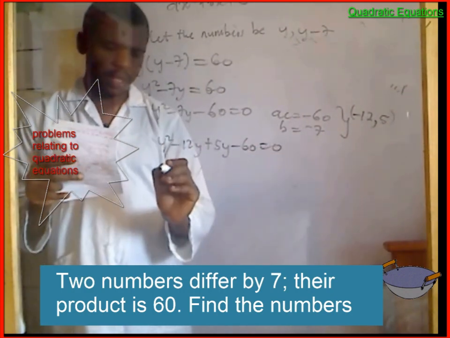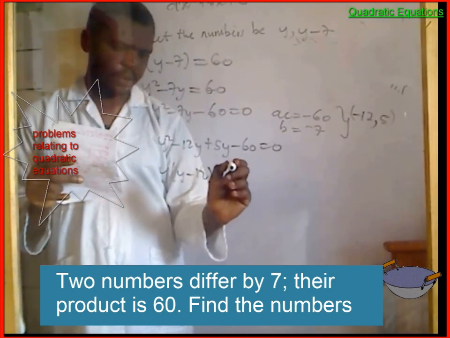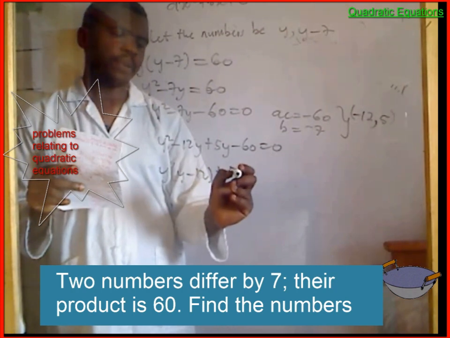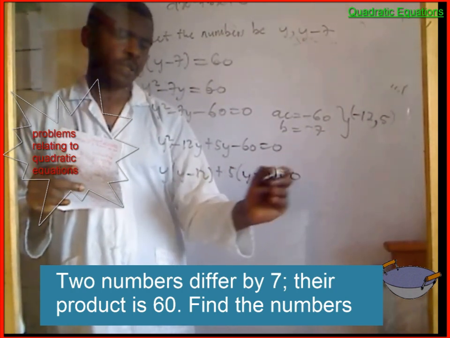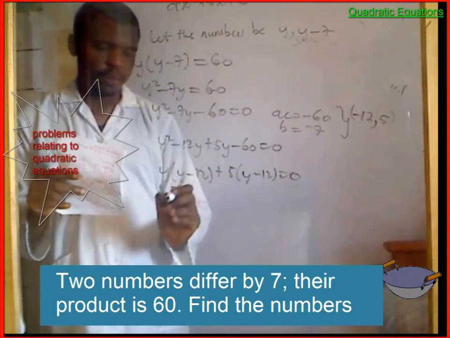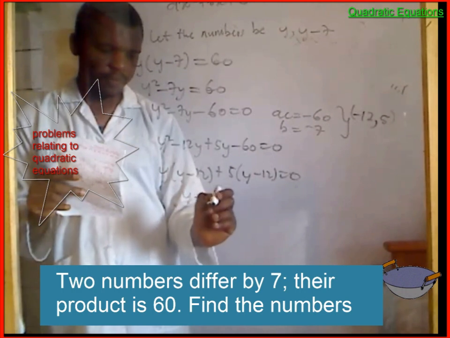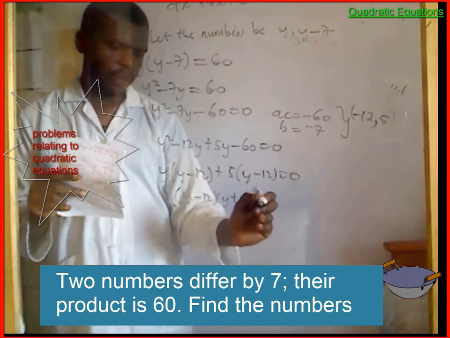Here I'll say y is common: y, y minus 12 plus 5, minus 12 equals 0. So here I'll say y minus 12 is common. y minus 12 factor of y plus 5 equals 0.